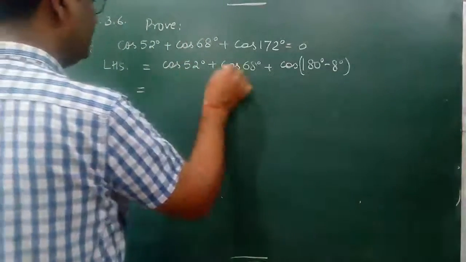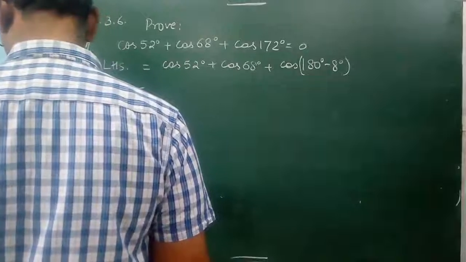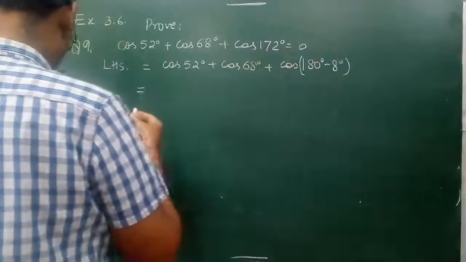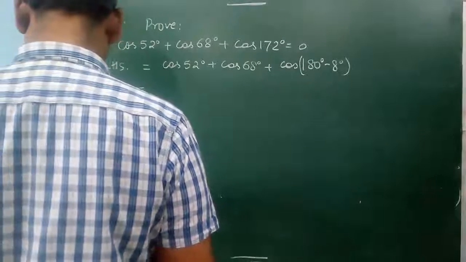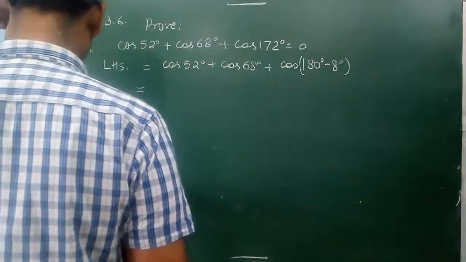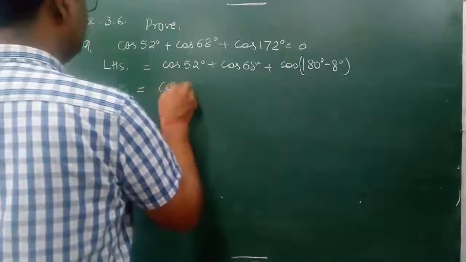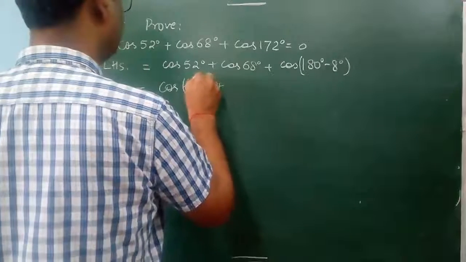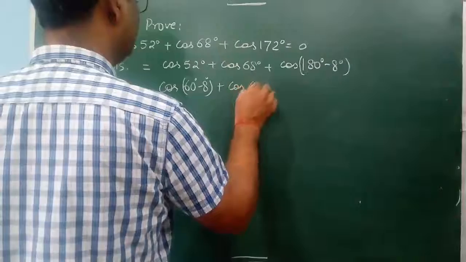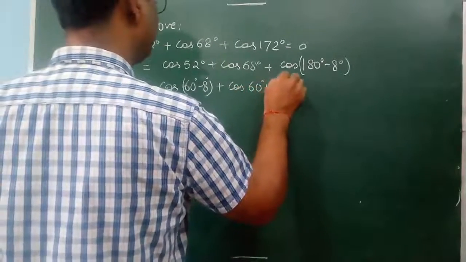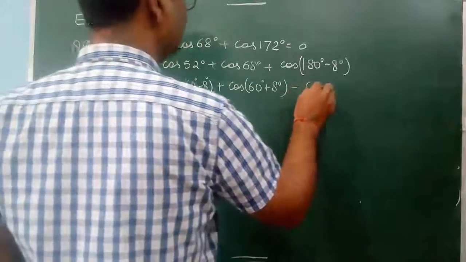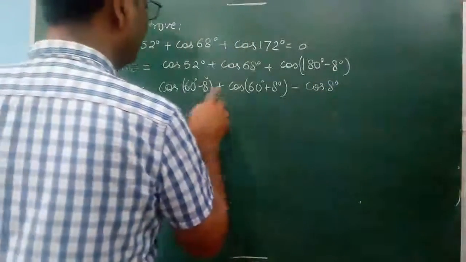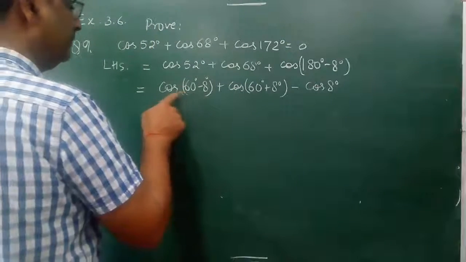Here we can use the formula cos C plus cos D, or we can write this as cos (60 minus 8) plus cos (60 degree plus 8 degree) minus cos 8 degree. Cos (180 minus theta) is minus cos theta. This is cos (A plus B) and here plus cos (A minus B).